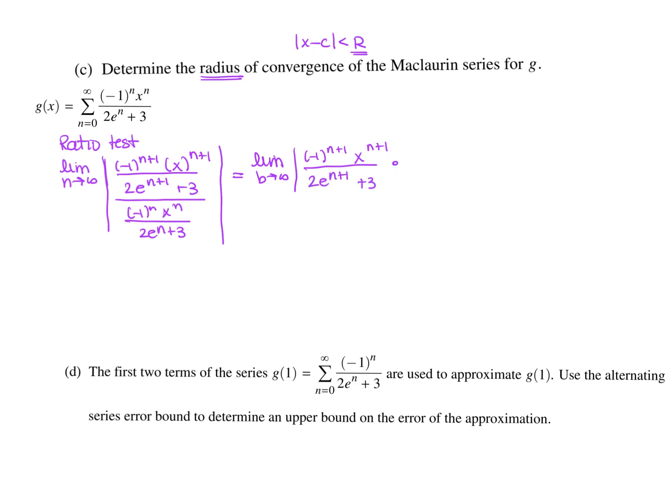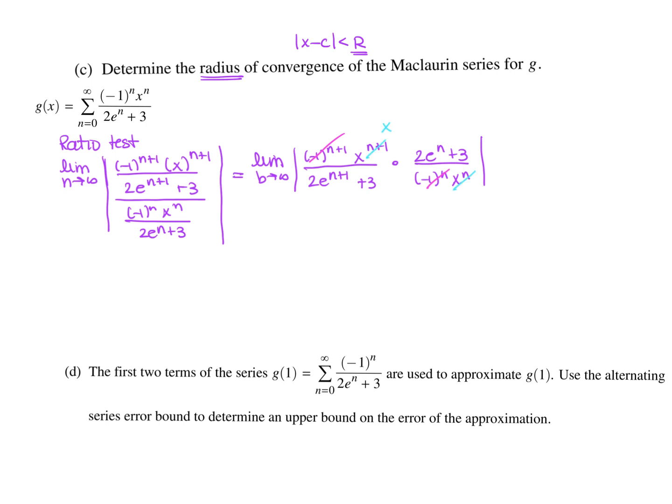After that, you're going to try to cancel everything that you can possibly cancel. So first thing I notice is that it's alternating, but I'm in absolute value, so the alternating does not mean anything. I also notice that there's x's on the top and bottom.